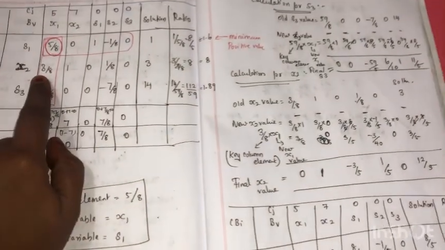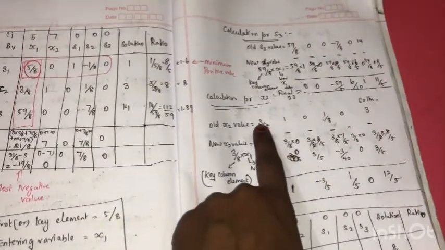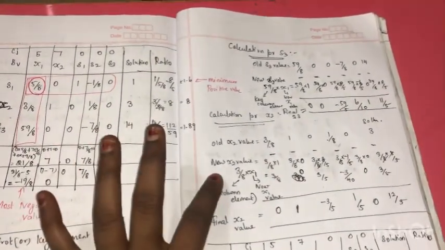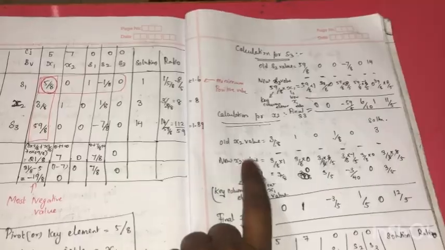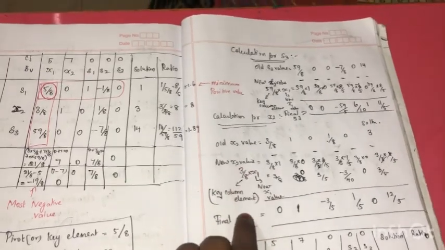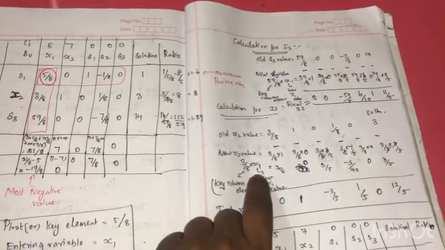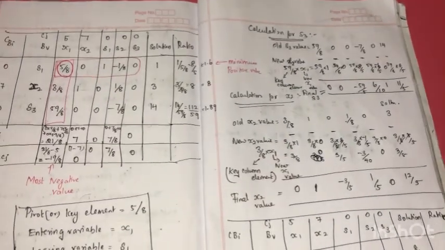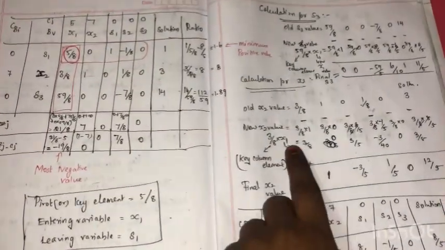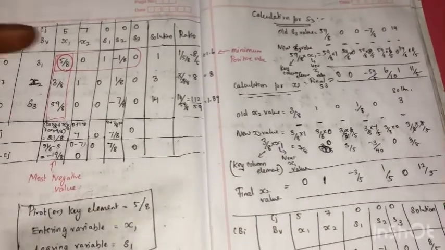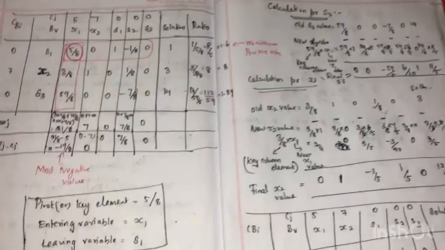From the given table we already know the old x2 value is 3 by 8. Just write it down as it is. Then you find the new x2 value. Your formula is key column element into new x1 value. Here it is the key column element, not the key element. Whichever element is present in the key column will be our key column element.